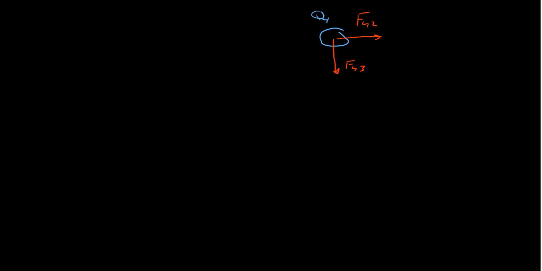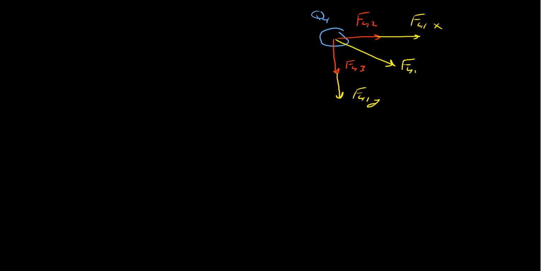For the 2 components coming from the force generated because of charge 1, I will have the scenario like this. I'll have F41x, and I will also have F41y. These 2 come from this vector, F41.